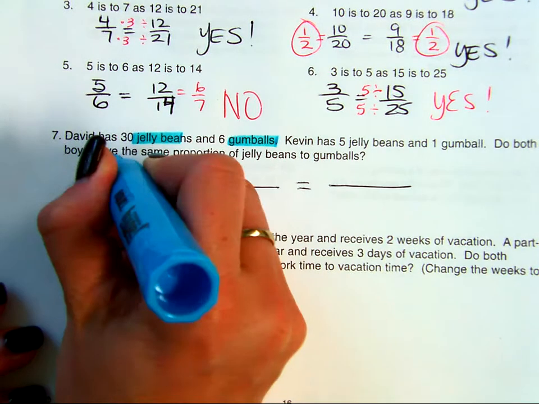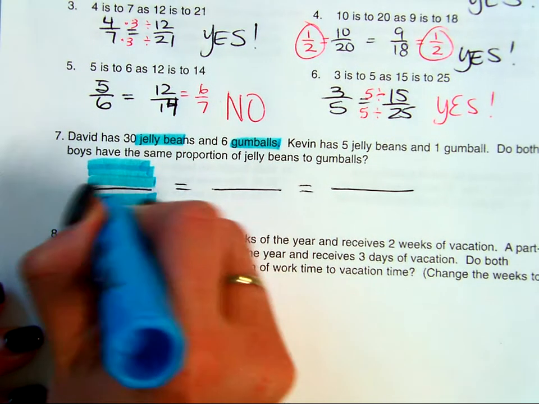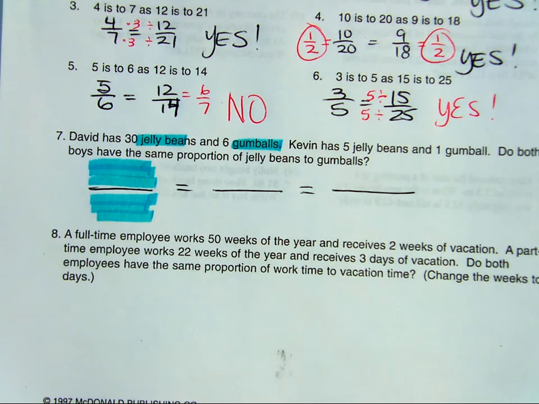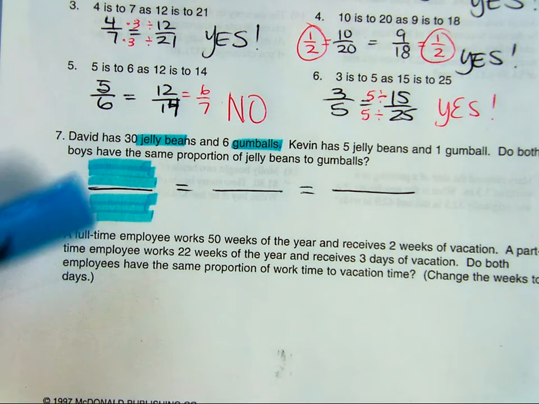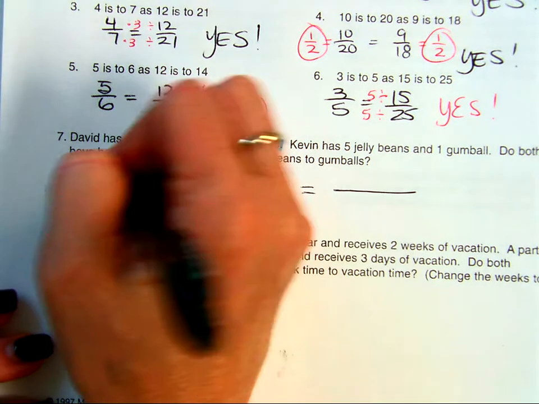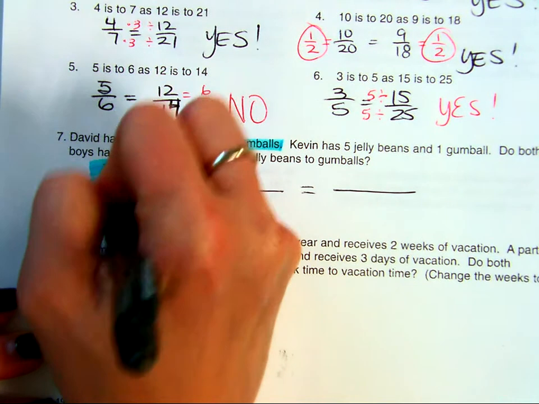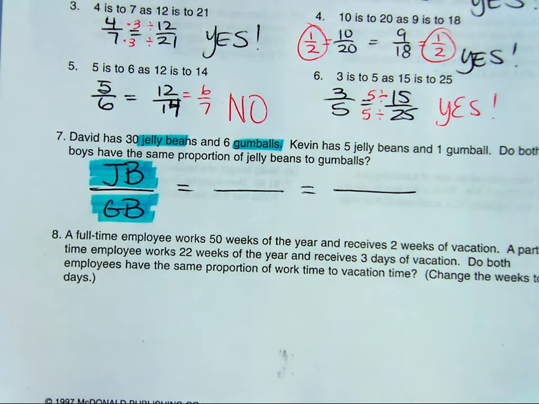And then you know what I'm going to do? I'm going to highlight that first fraction in blue because what I want to write there are the words jelly beans and gumballs. So jelly beans to gumballs, and that goes there.